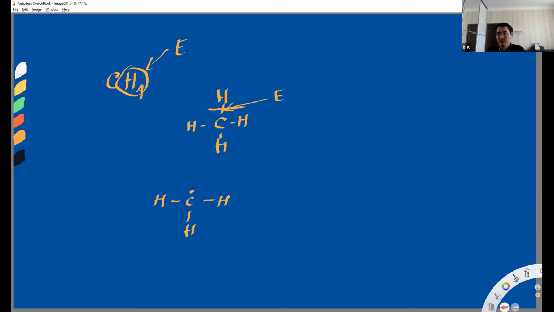And whenever we have one unpaired electron with a high energy, because this energy was applied to it too, this molecule becomes very active. That's why it's called a radical. And this molecule will try to find an electron to stabilize itself, okay?